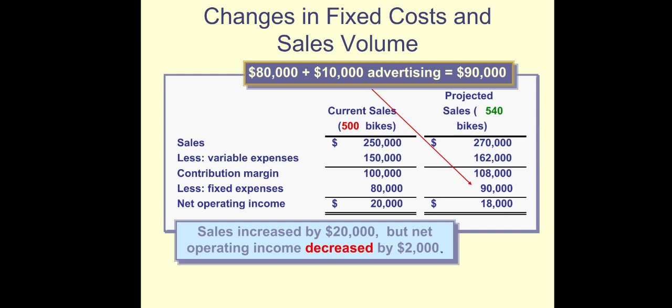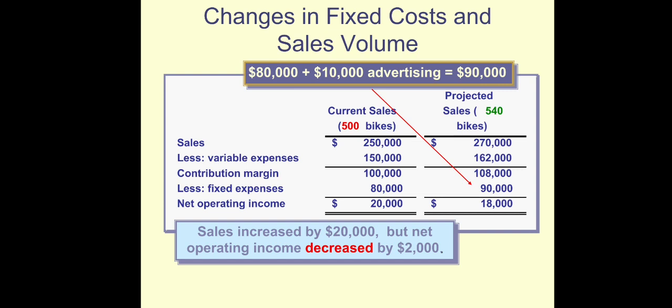But in column number 3, if the suggestion is accepted, the fixed expenses will increase to $90,000. There will be an additional $10,000. And then you see the net operating income or net profit. In column number 3, the net profit is $18,000.